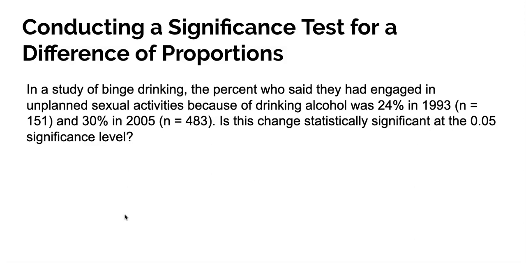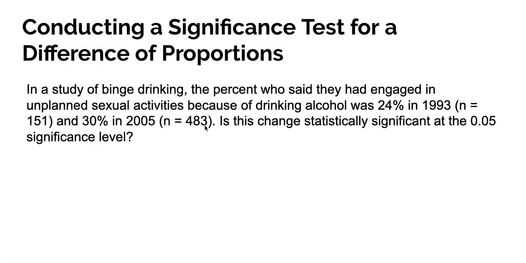In a study of binge drinking, the percent who said they had engaged in unplanned sexual activities because of drinking alcohol was 24% in 1993, with a sample size of 151 people, and 30% in 2005, with a slightly bigger n of 483. So they interviewed more people in 2005 compared to 1993, and you notice n1 and n2 do not have to be equal in sample size.